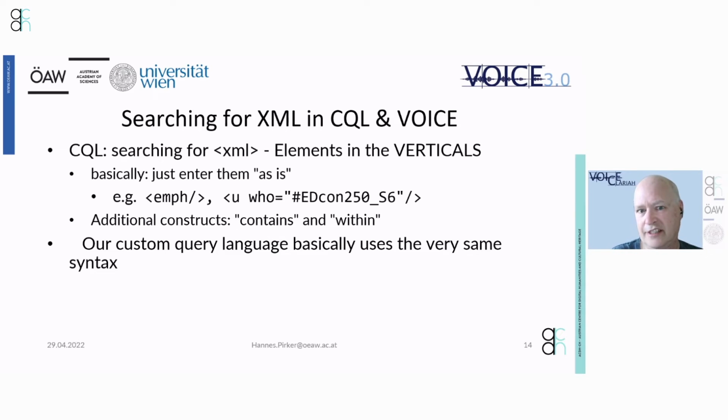Yesterday you saw there are additional constructs like contains and within, which are provided by the CQL. For our custom VOICE query, we basically take the constructs provided by CQL as is. So there's not much fiddling around.